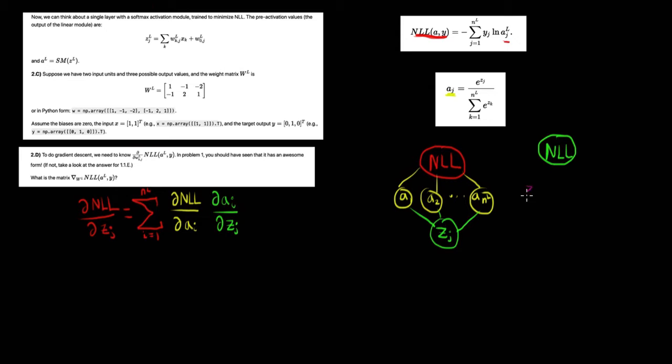So let's write these ZJs, Z1, Z2, Z NL. Then we have one particular value of the weight matrix, let's say WLM. All of these ZJs could, in theory, depend on WLM.